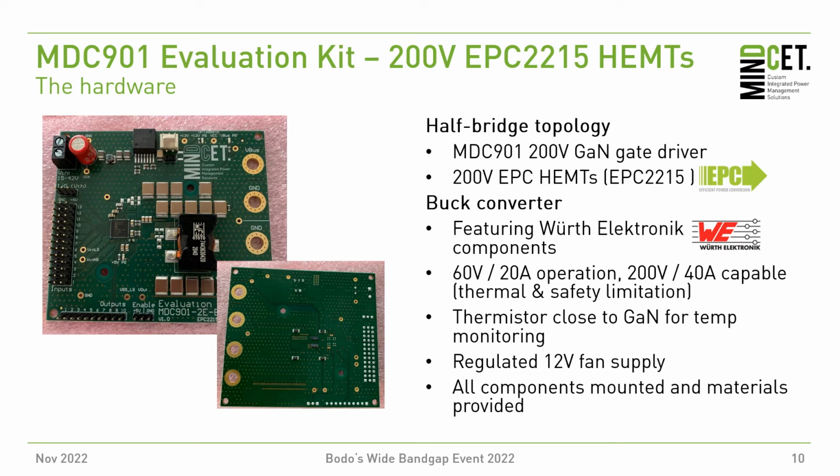Again, in the configuration of a buck converter, and the thermal system is very similar, although here the GaN HEMTs are mounted not on the front side of the board, but on the back side of the board, allowing almost direct thermal interfacing with the heatsink, again through an electrically isolated but thermally well-conductive thermal interface material.